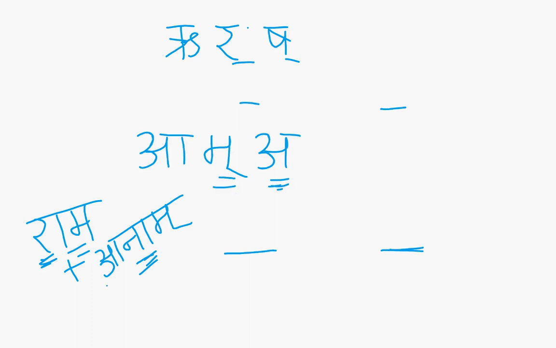So all these do not prevent changing Na to Na, because vowels don't prevent, and Ma comes in the Pa line: Pa, Pha, Ba, Bha, Ma. So it is not going to prevent. So this becomes Ramanam.